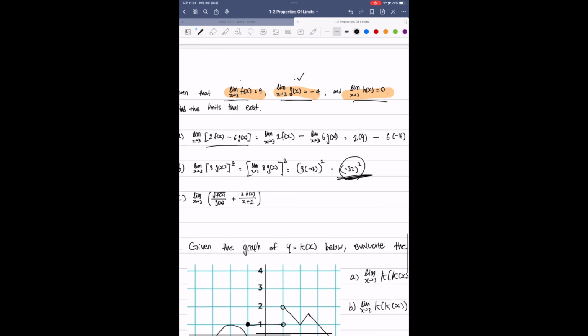So by the quotient rule, we know that this equals the limit of this and the limit on the bottom too, and this plus the limit of 3 times h(x) over the limit of x plus 1.